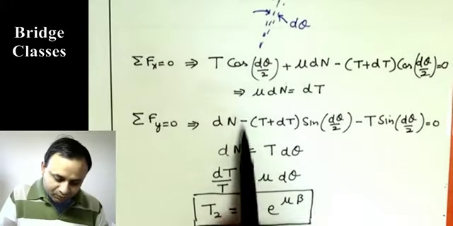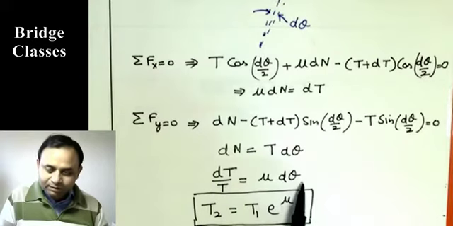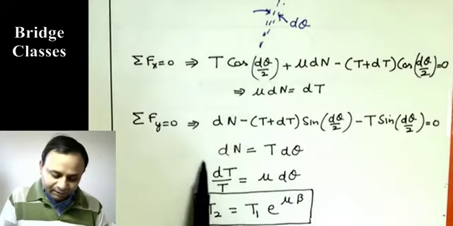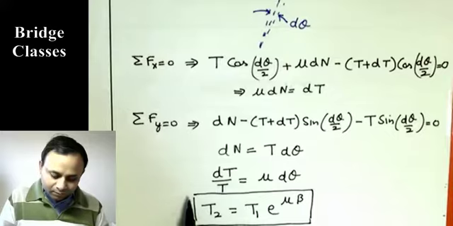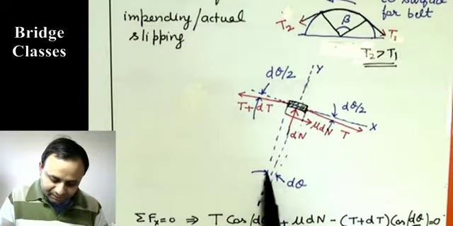We can combine these two equations. That gives us dT over T is mu d theta, and we integrate this from T1 to T2. So we had taken this small section with angle d theta.